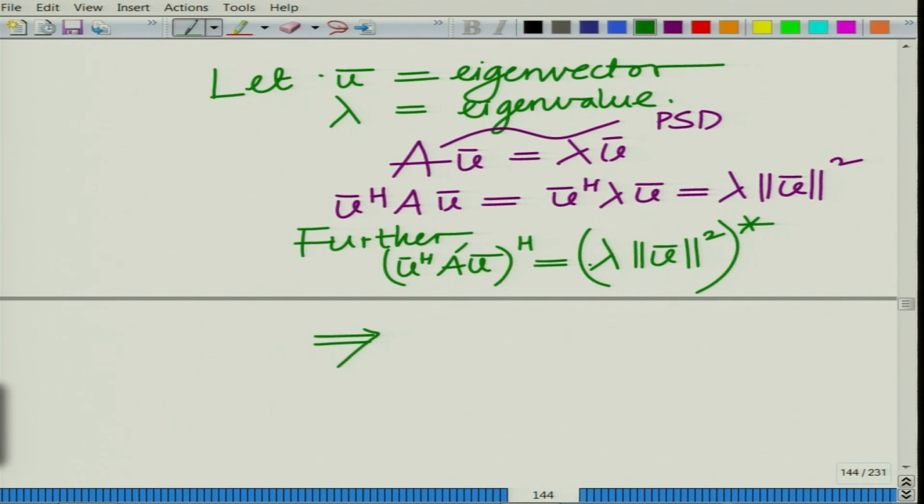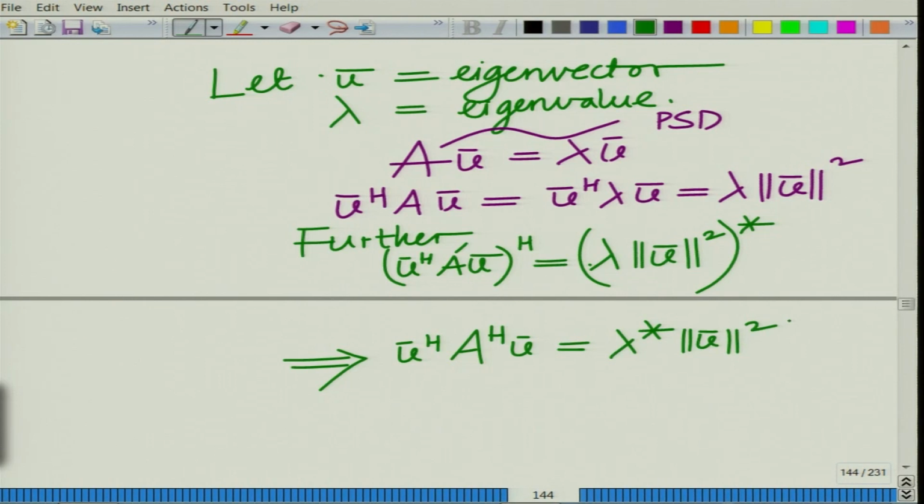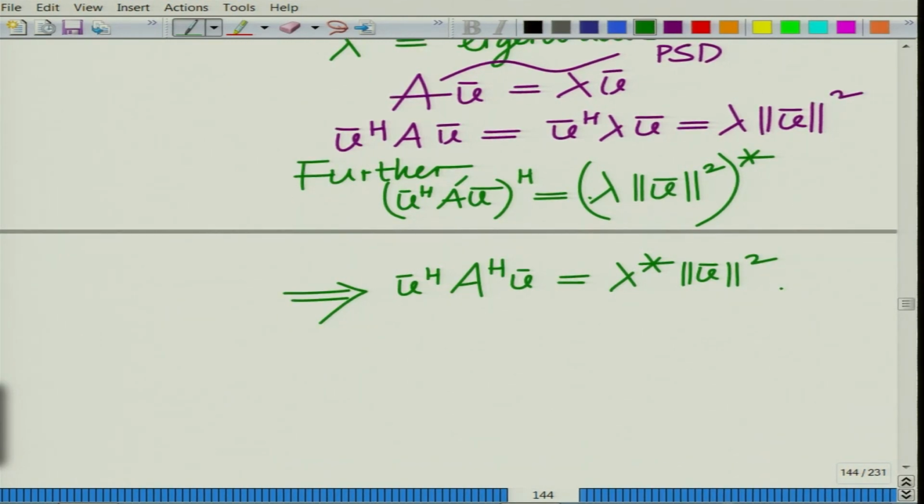This implies u bar Hermitian A Hermitian u bar equals lambda conjugate norm u bar square, since norm u bar square is a real quantity.